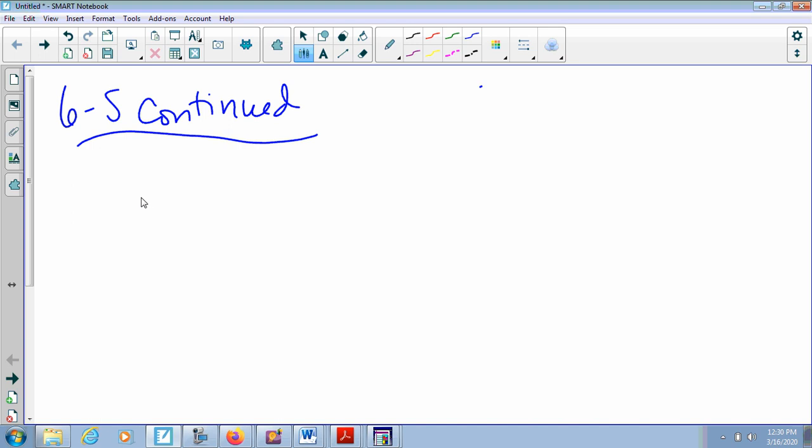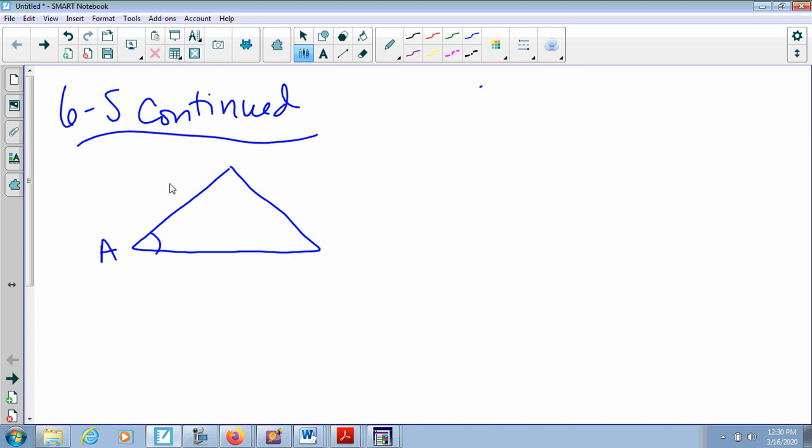So first off, this is only when you have this situation that comes up. If we have a triangle like this, and let's just say this angle here is angle A, and A has to be an acute angle for this to work out the way this is going.